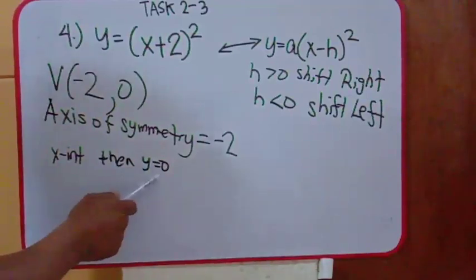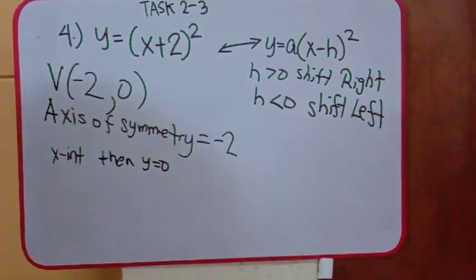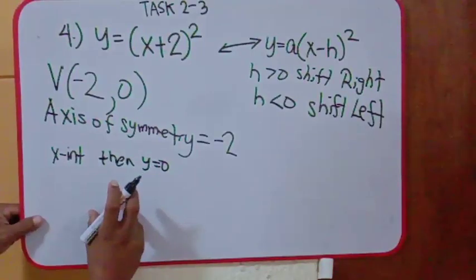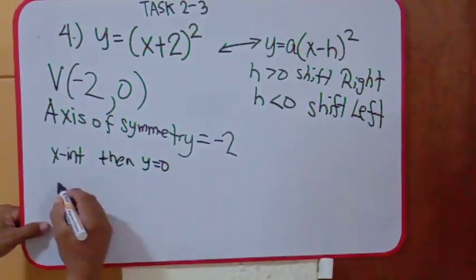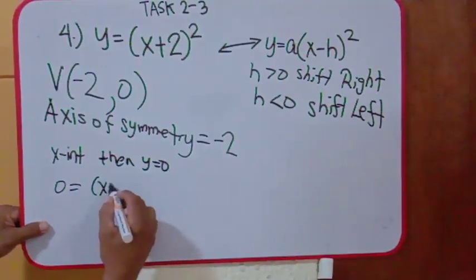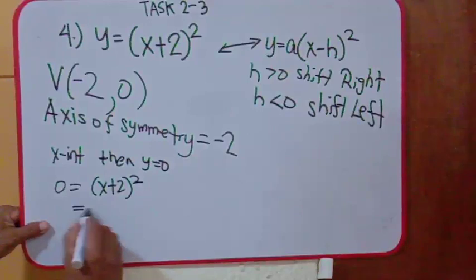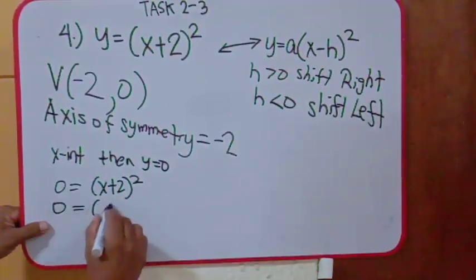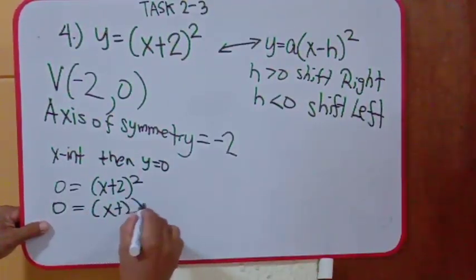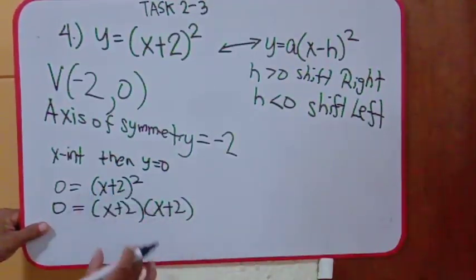X-intercept, then y equals 0. So, it means yung ating function ay naka-vertex form. So, in this case, so our x-intercept, so y equals 0, 0 equals the quantity of x plus 2 quantity squared. It means this is also equal to x plus 2 times x plus 2. This is a binomial squared.